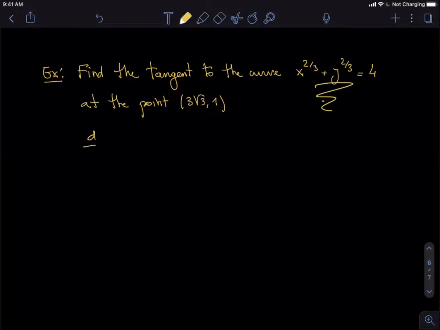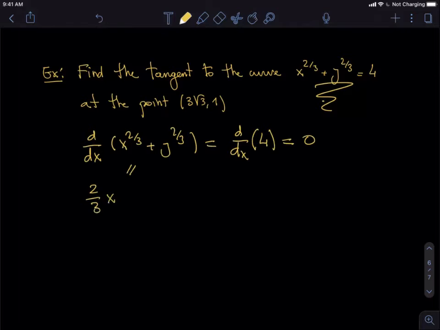So remember, we take the derivative with respect to x of both sides. The right hand side is constant, so the derivative is 0. On the left is 2/3 x to the negative 1/3 plus 2/3 y to the negative 1/3 times dy/dx.